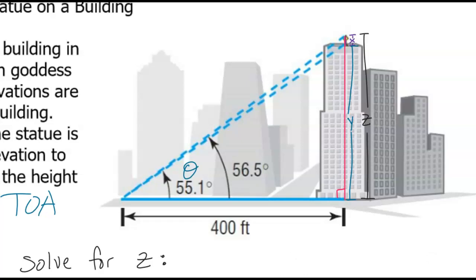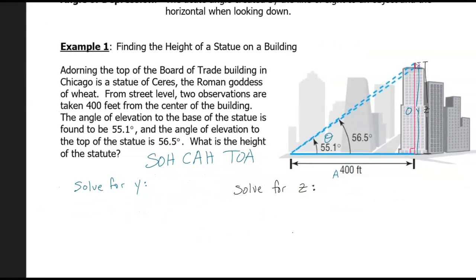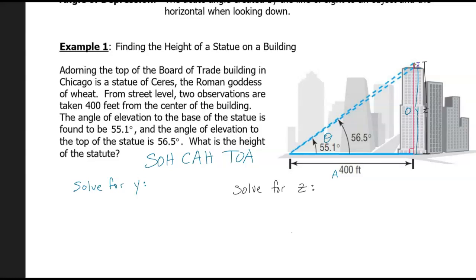Now, on this right triangle, if theta is 55.1, our opposite side is that y value, and our adjacent side is 400. Based on SOHCAHTOA, the only function here that uses O and A is TOA, T standing for tangent.